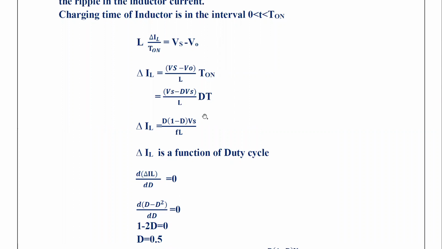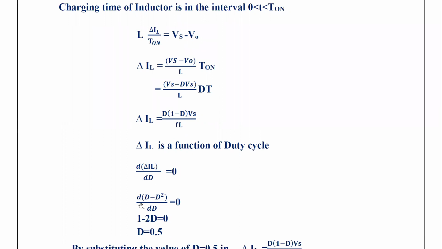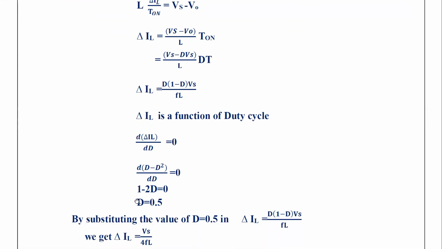Therefore, by differentiating this entire equation with respect to duty cycle D and equating to 0, we get the differentiation of D minus D square with respect to D, which is equal to 0. Ultimately, you will get duty cycle D is equal to 0.5.